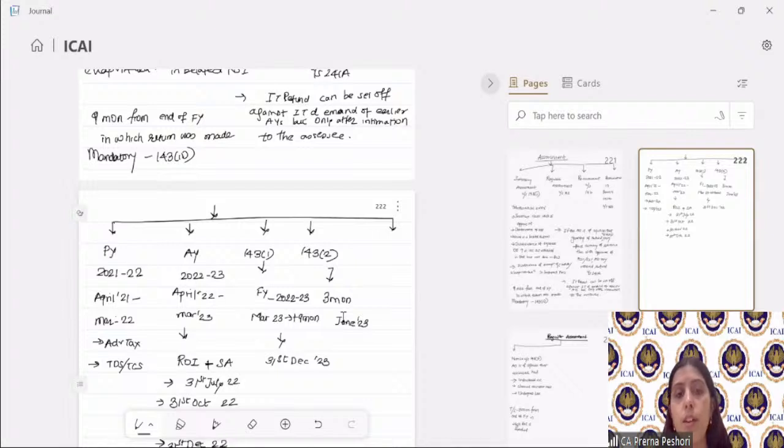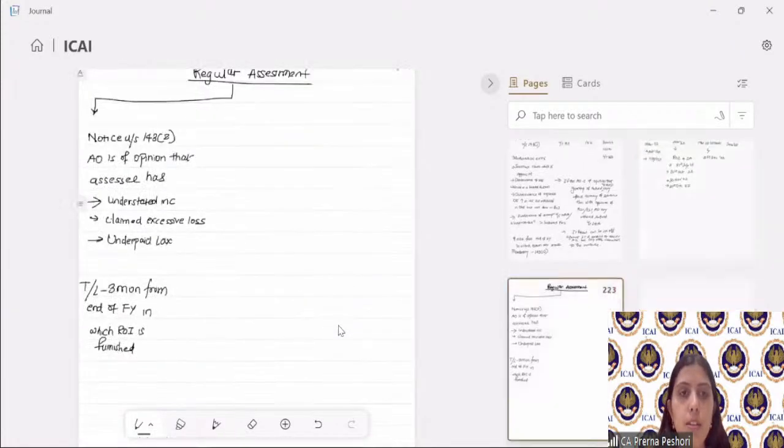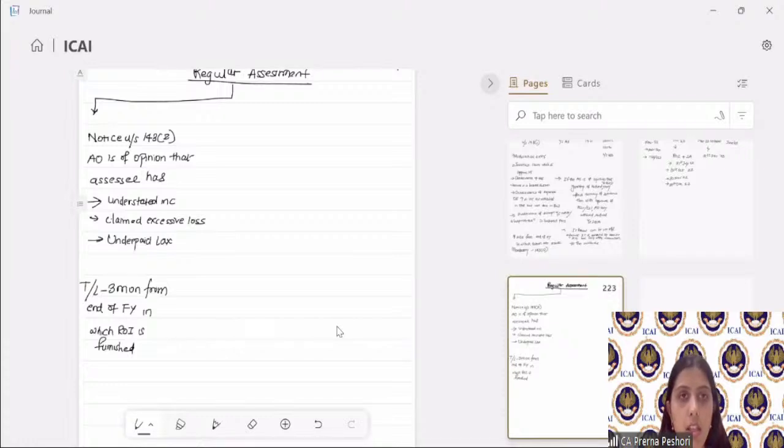Now, understand one thing very clearly. The assessee has to provide the documents to the AO. For asking for any documents, the assessing officer will issue a notice under 142(1). 143(2) is just for starting the assessment proceedings.